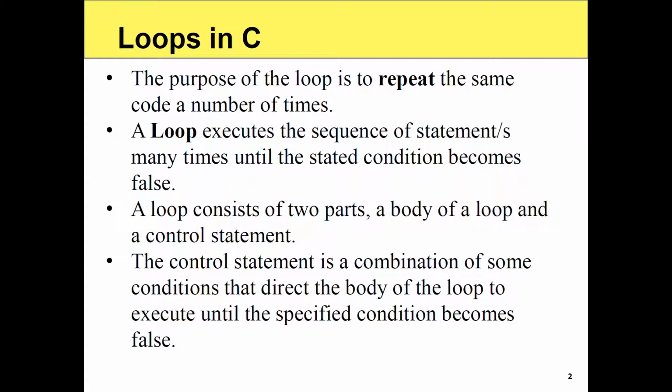When you want to repeat a set of instructions or a set of actions for an infinite number of times or a finite number of times or until some condition is true, definitely we can take the help of loops. A loop consists of two parts, a body of the loop and a control statement. In today's session, we'll be discussing the types of loops, when to use which loops, and also a few programs.